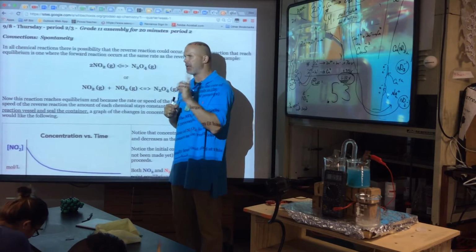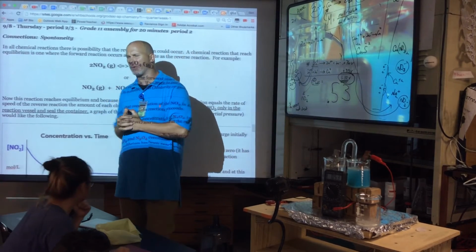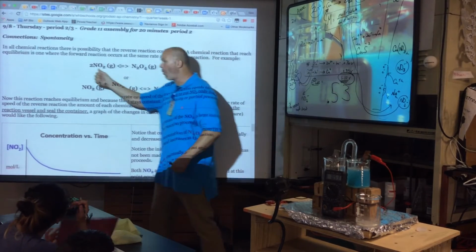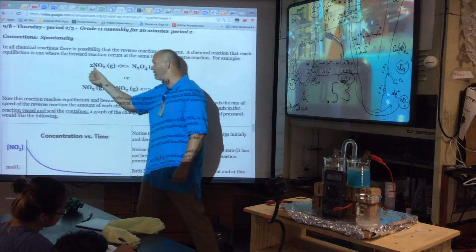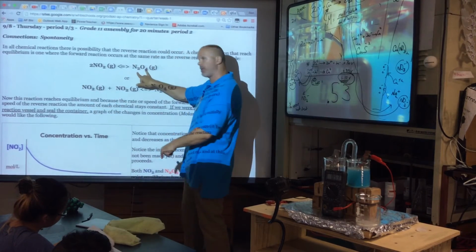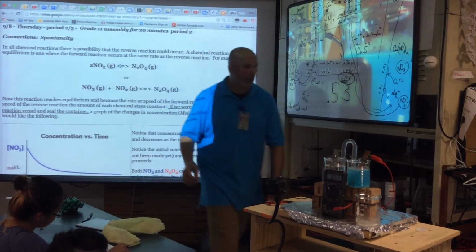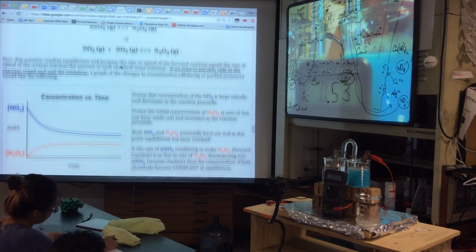However, this reaction isn't very spontaneous. In fact, it easily achieves equilibrium. Equilibrium is a scenario where the forward reaction goes as fast as the reverse. So as much as 2 NO2s collide to make this, this molecule decomposes.